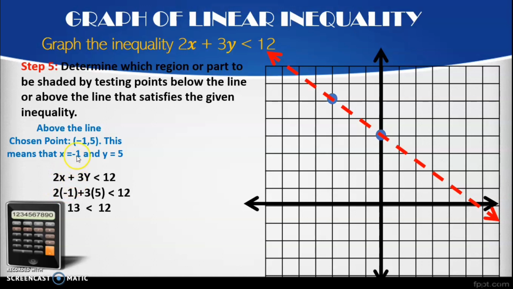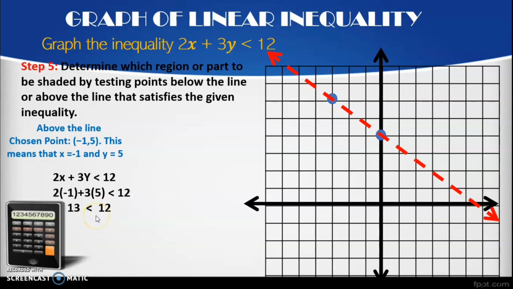So 2 times the value of our x, negative 1, plus 3 times the value of our y, which is 5, less than 12. So 2 times negative 1 is equal to negative 2, plus 3 times 5 is 15. So negative 2 plus 15 is equal to positive 13, less than 12.